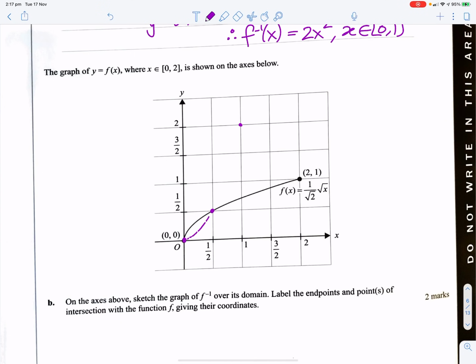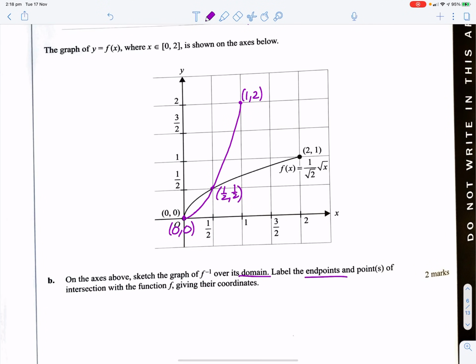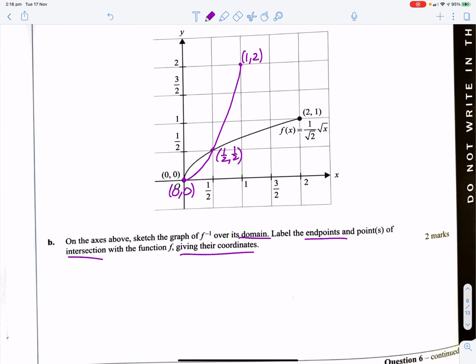And it's going to be a reflection in the line y equals x. That'll do. So we know that's going to be a half. That's going to be 1, 2. Sketch it over its domain, label the endpoints, points of intersection, giving their coordinates. Okay, we've done all of that.